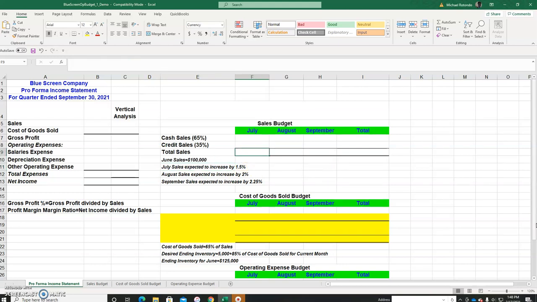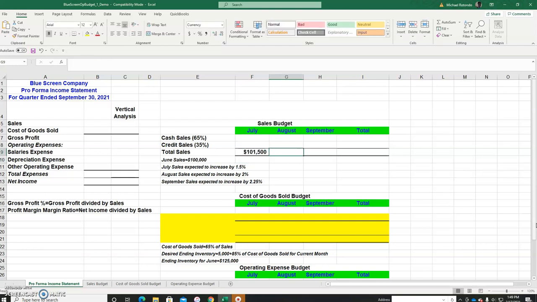So what we're going to do is take our 100,000 in June sales and multiply it by 1.5%, or 0.015, and add back the 100,000. So we're not only including the increase, but we also have to include the original amount, because we're looking for a total here, not just the increase. So that's going to give us 101,500.